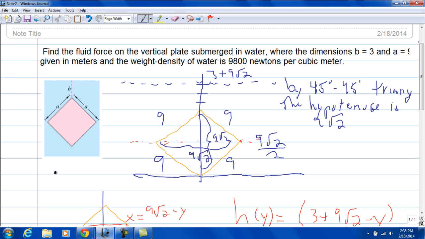So the vertical part on the inside is 9 root 2 and the horizontal part is 9 root 2. It also means the distance from down here up to that red dashed line is going to be 9 root 2 over 2.